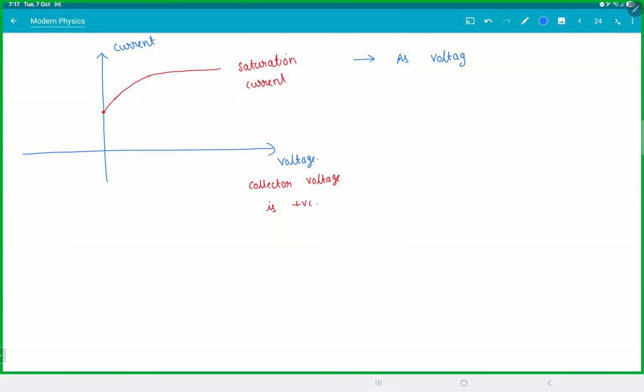Be careful, this is not a resistor. Huh? V is equal to IR, voltage increases, current increases. Don't say that. There's no resistance here. So here as voltage increases, more electrons will reach the collector plate. The current will increase.